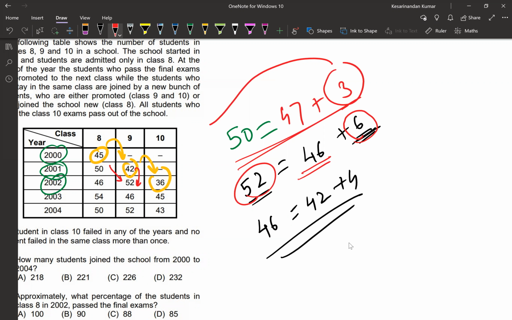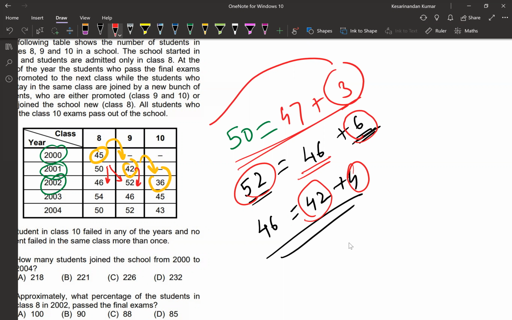Yes. So 50 students were present, then 46 went, then 4 might have failed. Yes, I got it. Then these 4 will basically repeat class 8. So among this 46, 4 are the repeaters and 42 are the new joinees.